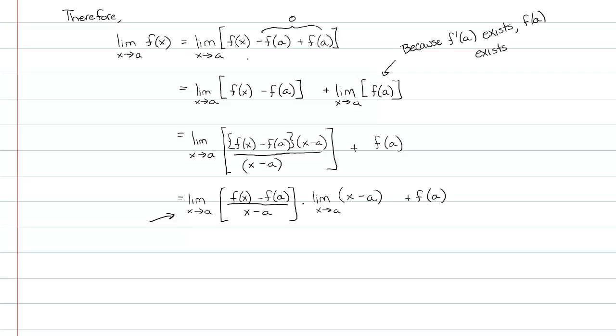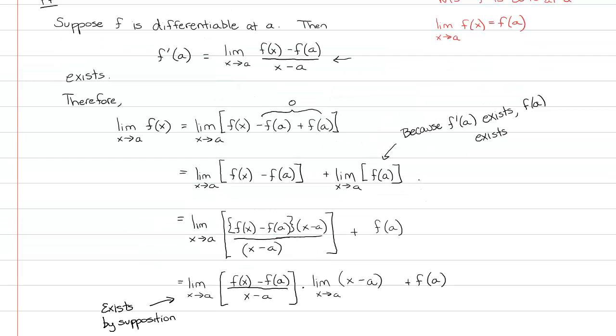It exists by our supposition, because we supposed that f is differentiable at a. In other words, f prime at a is equal to the limit as x approaches a of f of x minus f of a over x minus a. So this guy right there is the same thing as this guy right here. We have stated that that exists. So we know that split exists.